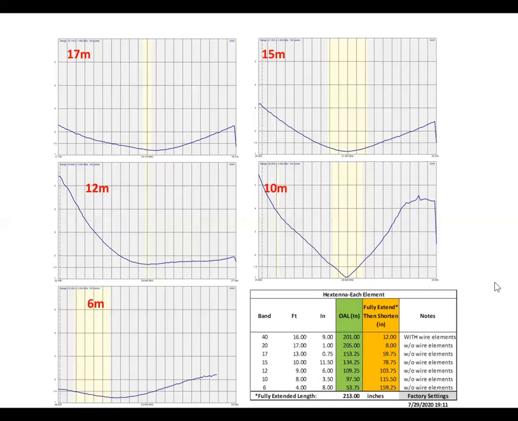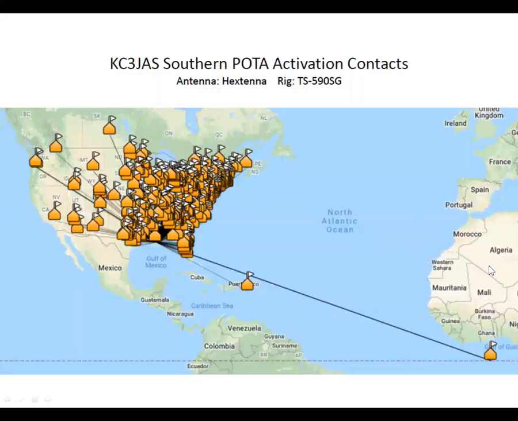So each one of these had different objectives to it, different problem statements. But you can go through all the math and physics you want on antennas. What it really comes down to is the performance.